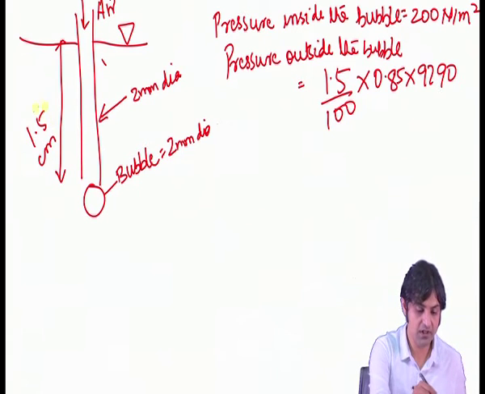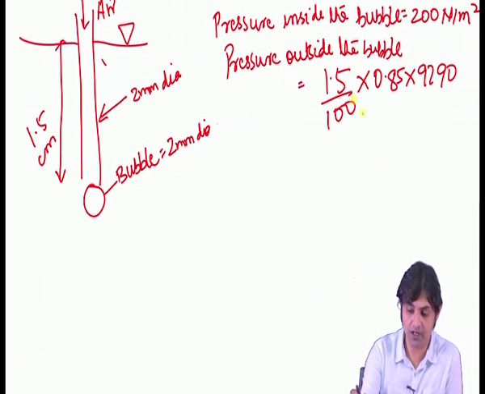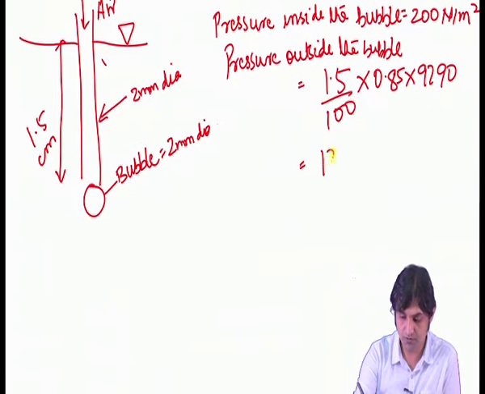You see this length 1.5 centimeter here, so 1.5 divided by 100, and 0.85 is the specific gravity and this is the specific weight. This comes out to be 124.8 Newton per meter square.